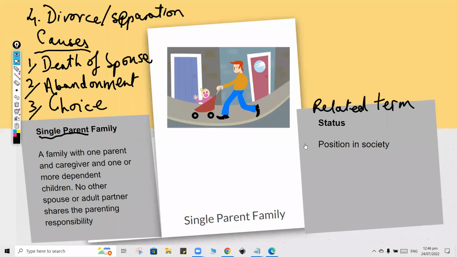All right, now a common law relationship, not a common law family. A common law relationship is when the two partners are not married. Right?